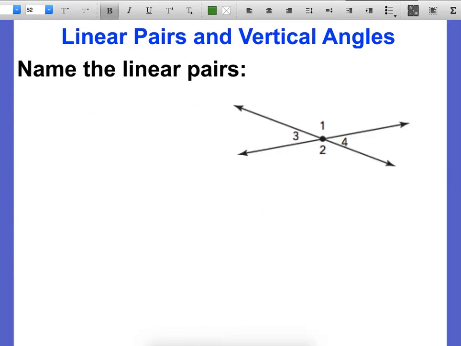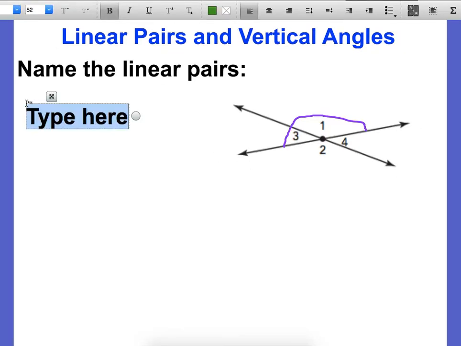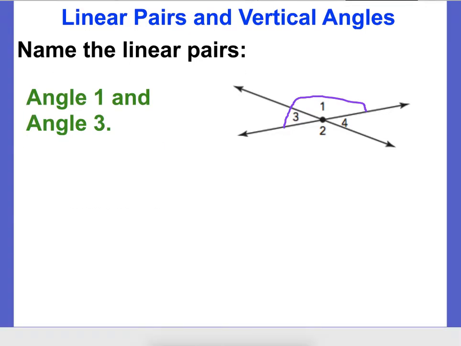Looking at this diagram, we're going to say name the linear pairs. So I want to look at ones that are right next to each other that are going to form together. So angle 1 and 3. So I could say angle 1 and angle 3. We could also look at another pair here.